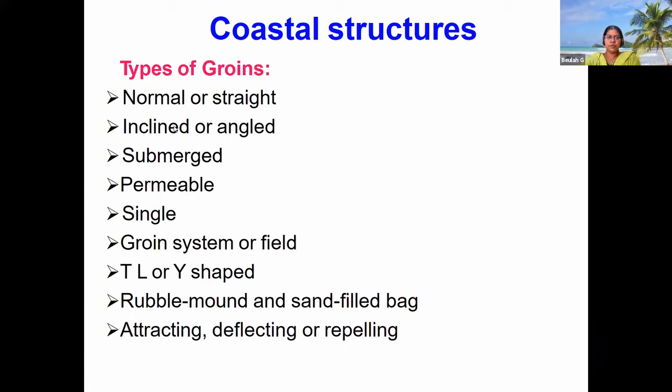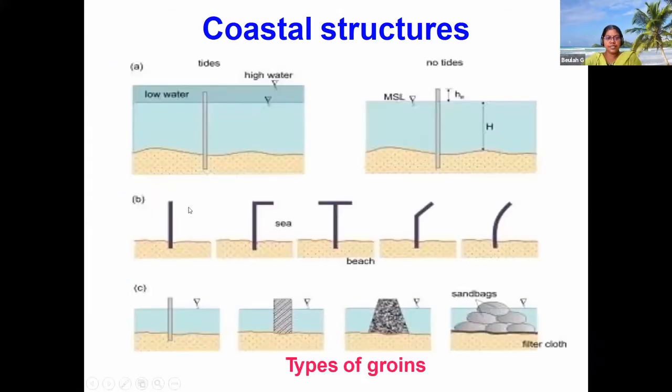The various types of groins are the normal or straight, and inclined. Here you can see I-type groins, L-type and T-type, and you have this inclined one and the curved one.